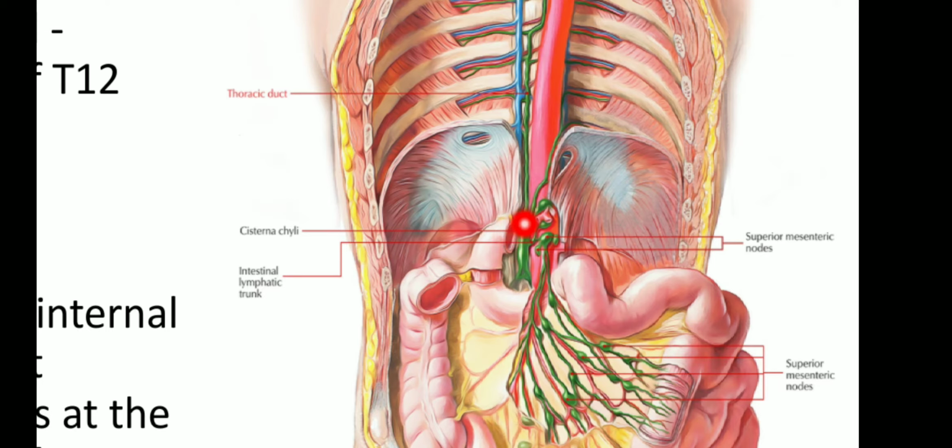From its upper end, the thoracic duct begins at the level of the lower border of T12 vertebra.